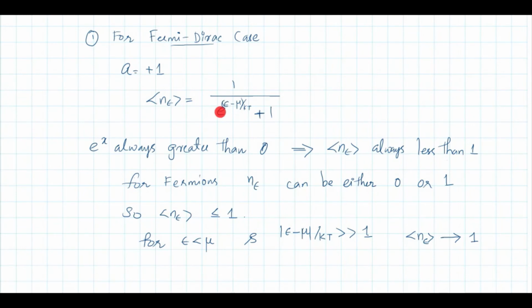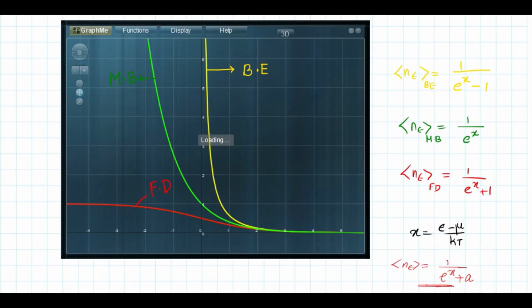So this becomes e raised to minus infinity. e raised to minus infinity is 0. So you will get 1 by 1, which is 1. So for epsilon less than mu, in the limit where this quantity is very high, the occupation number will tend to 1. That is the meaning of this region. Epsilon less than mu means x less than 0. Okay, epsilon less than mu means x is negative.